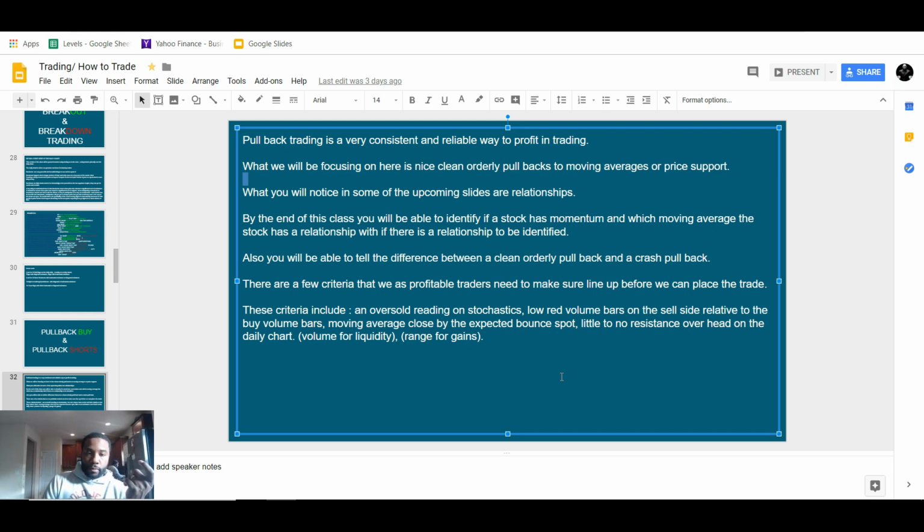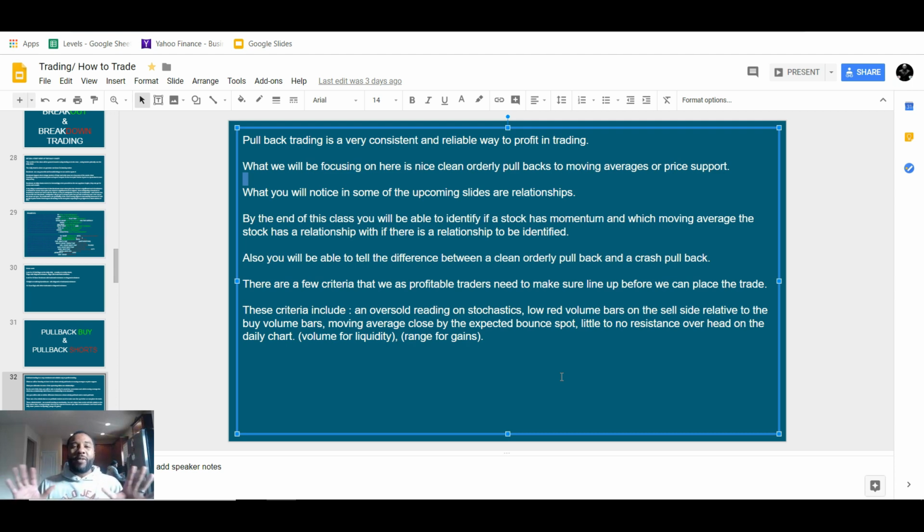Now, we also want to look for our moving averages to be close by the expected bounce spot. We want our moving averages to be close by that, and we're going to internalize this as we go through the slides and go through more material and continue to perfect this craft.